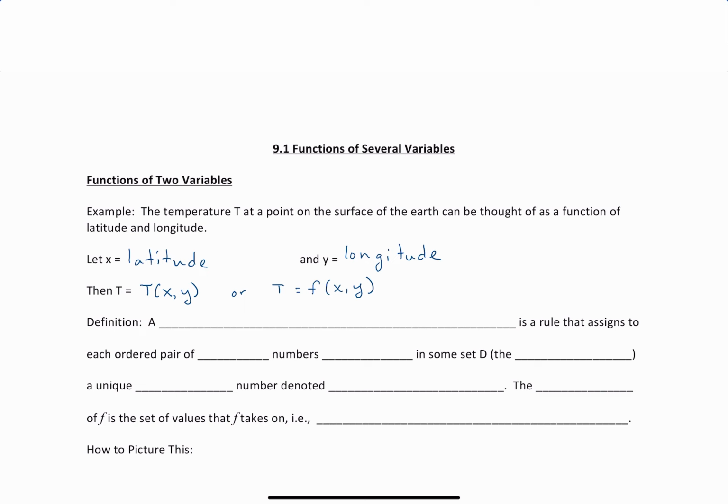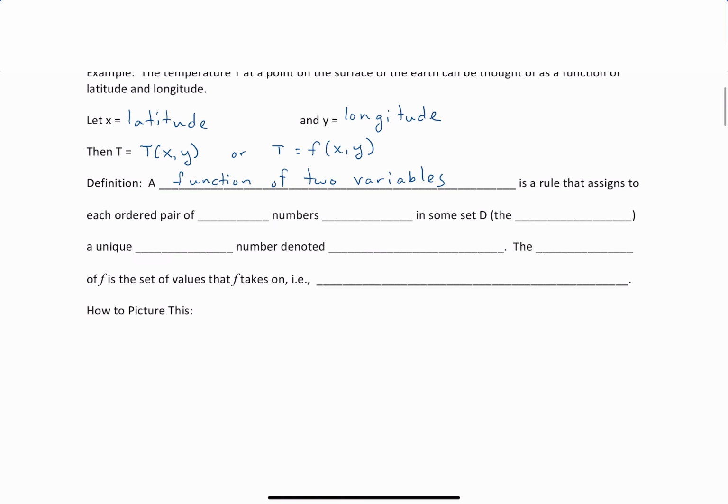To be a little more precise about what we mean by this, a function of two variables is a rule that assigns to each ordered pair of real numbers, which we're typically used to calling x and y.